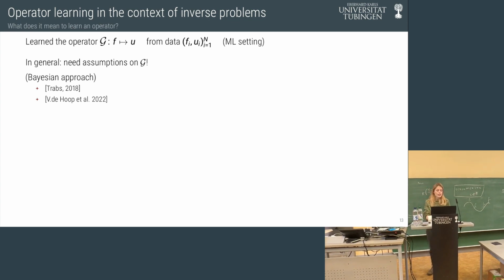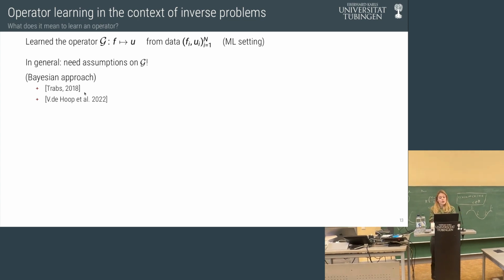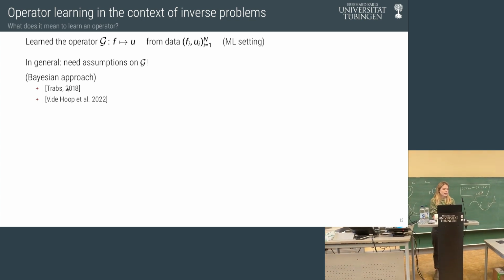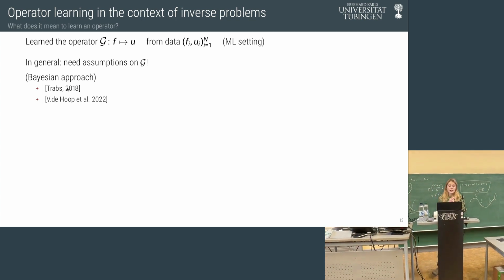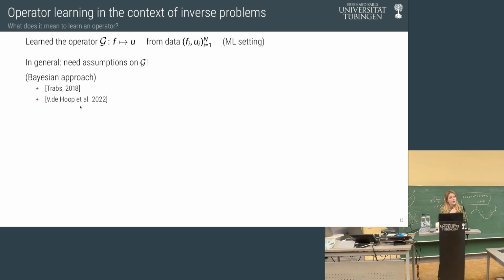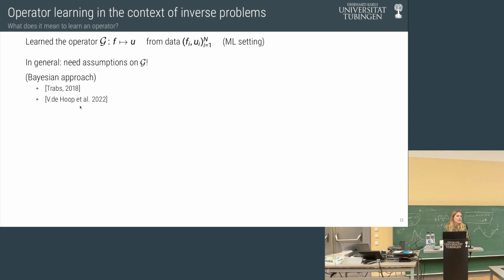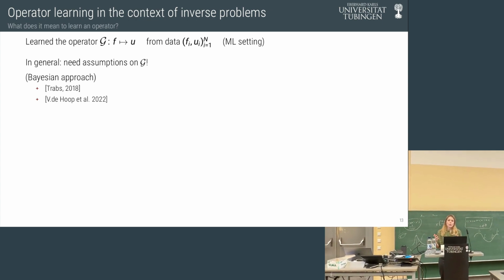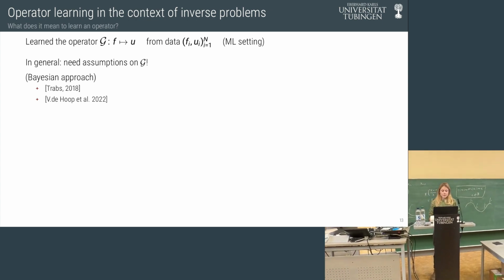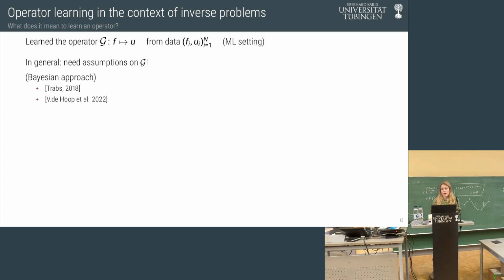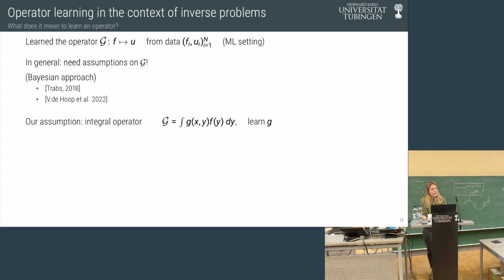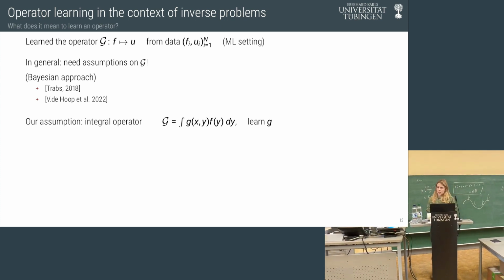But in both, and here I just mention 2 recent papers, they make very strong assumptions on G. In the first case, they assume that it depends on a parameter and that they can sample from this parameter. In the second case, they assume that they can diagonalize this operator on a basis that they know, and then the problem just becomes learning the eigenvalues. So you need, in some sense, to make a very strong assumption about this G. And in fact, our assumption was that this was an integral operator, so you were just learning the kernel of the integral operator.